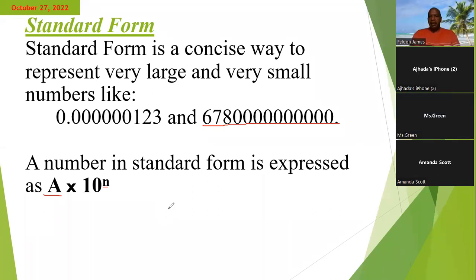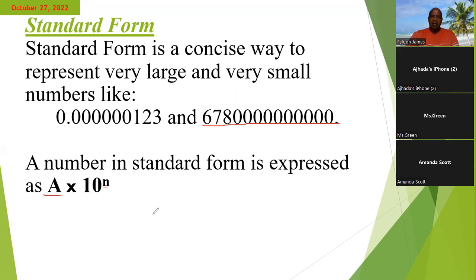Green. All right, so as I was saying, in order to write any number in standard form, this that we have here is the general form of standard form. So when you write a number in standard form, it's going to look something like that. However, the A that we have here in the general form has to be a number equal to 1 and less than 10.